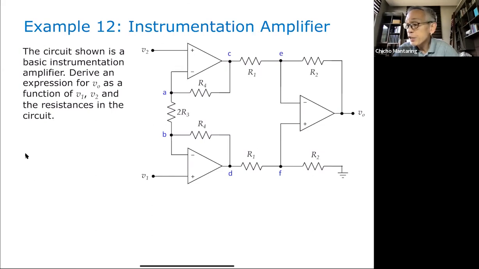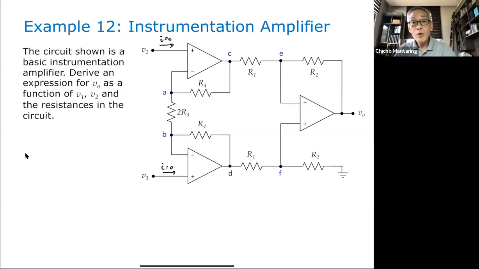The advantage of this instrumentation amplifier is the inputs V1 and V2 have very, very high input resistances, because the current here will be equal to 0. So whatever these are connected to will not feel a single thing, because these inputs will not draw any current. From the point of view of what it is connected to, it's not connected to anything. And that's the nice thing about this instrumentation amplifier.